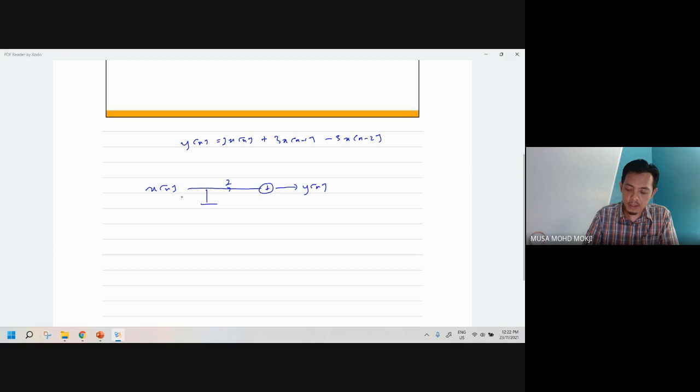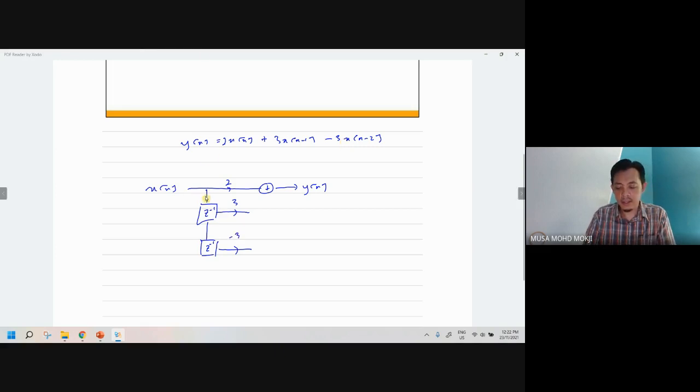And this is for the second term. What is the second term? You need to delay it by 1, and multiply by 3. Delay another 1, and then you need to multiply by -3.